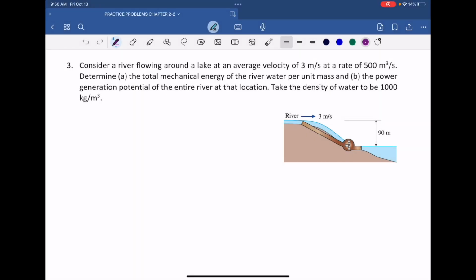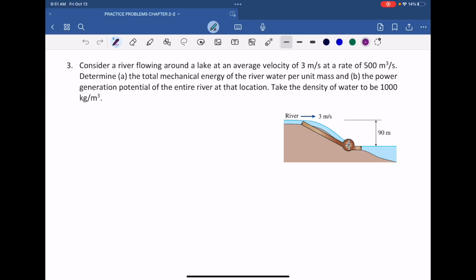In this example, we have a river flowing around a lake at an average velocity of 3 meters per second at a rate of 500 cubic meters per second. When I first read it, I understand from the unit of 500 cubic meters per second that they are giving me the volumetric flow rate, and the velocity of the flow is 3 meters per second.